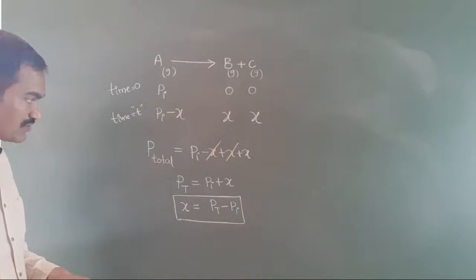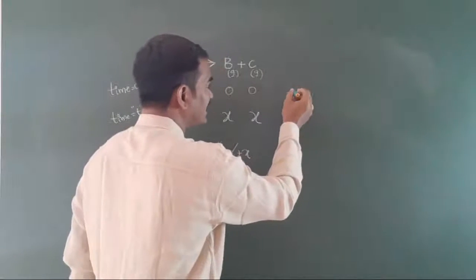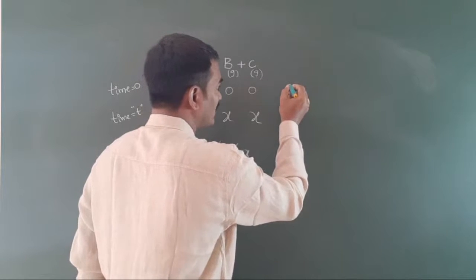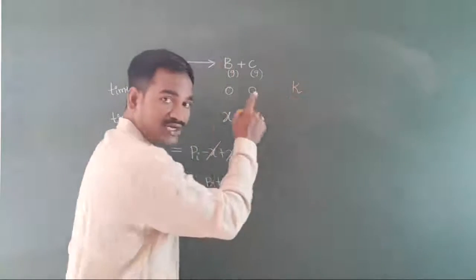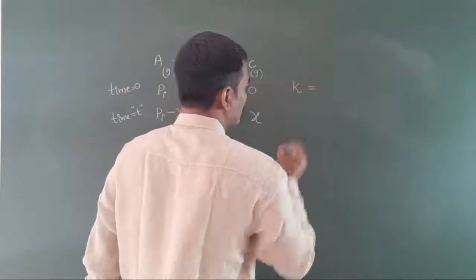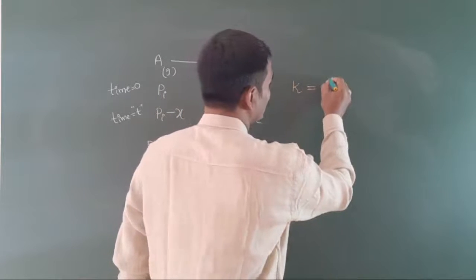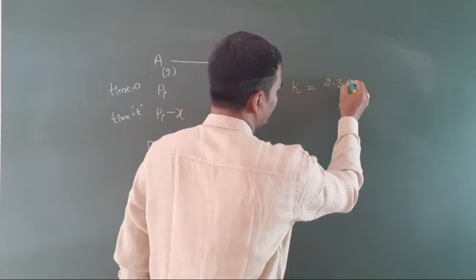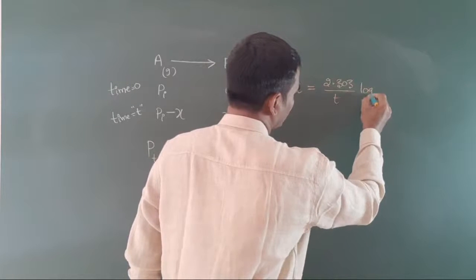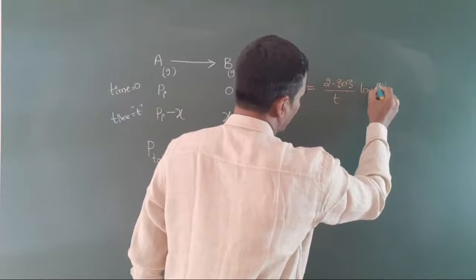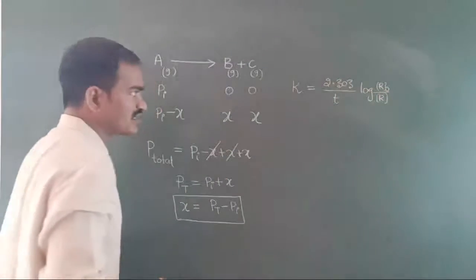Okay, no doubt. Now the integrated rate equation for the first order reaction, you know, is K is equal to 2.303 by t log R naught by R. This is for concentration terms.